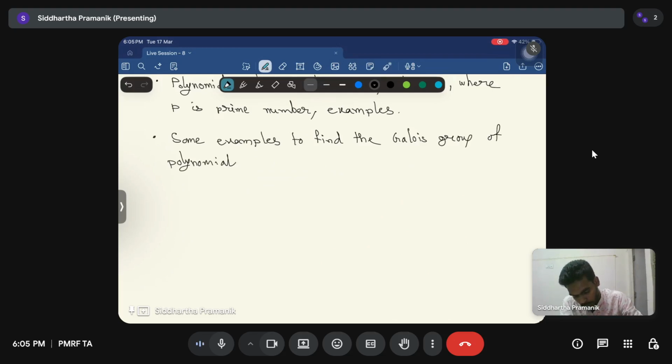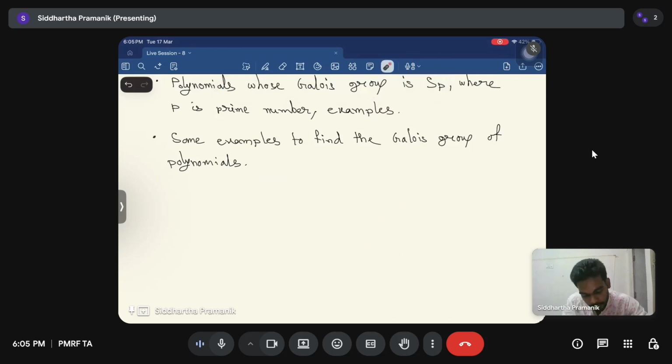So in particular, for degree 4 polynomials, so for quartics, we know what are the possibilities for the Galois group, and we have given an example for each type to show that each possibility can occur.